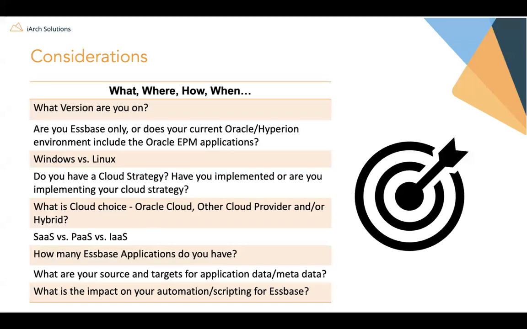And then the last 3 are kind of migration related, Alex. So, how many applications do you have during the migration? What are your source and targets, inbound, outbound integrations? Where are they today? Where will they be later? And with any application or migration, there's a lot of scripting that was done originally for automation, maintenance of things.